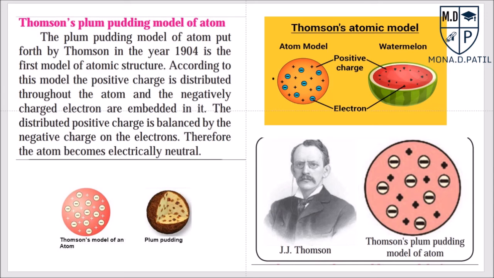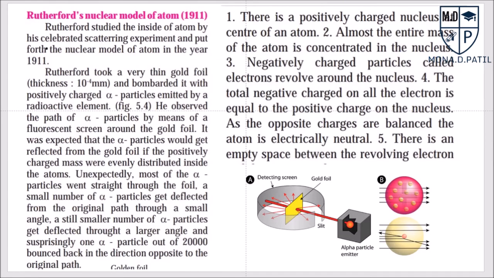Now next, Rutherford's nuclear model of atom in 1911. Rutherford studied the inside of the atom by his celebrated scattering experiment and put forth the nuclear model of atom in the year 1911. Rutherford took a very thin gold foil which had a thickness of nearly 10 raised to minus 4 millimeter.